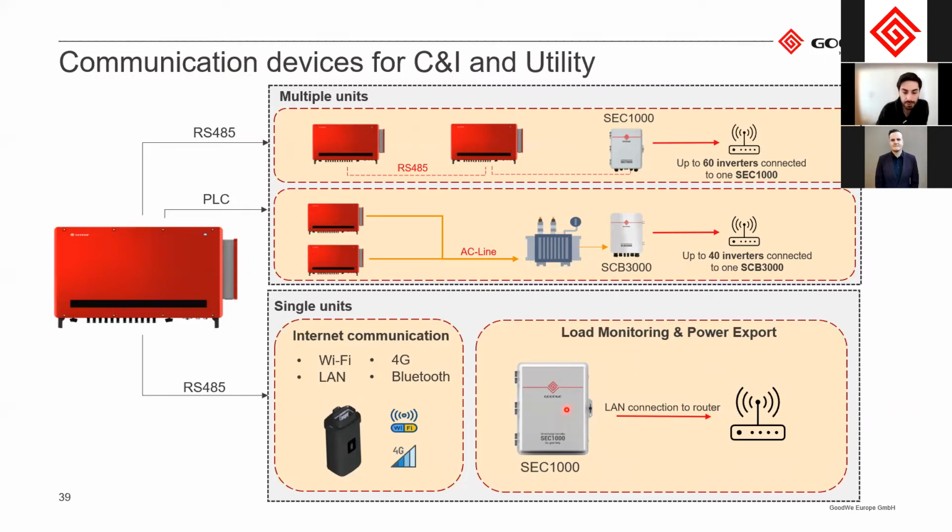There are no CTs coming with the box, because the lines usually differ quite a lot depending on the installation. So you need to buy third-party CTs externally, and then you can size them according to your installation. The only requirement from our side is that they have 5 amps on the secondary side to be connected to this box.